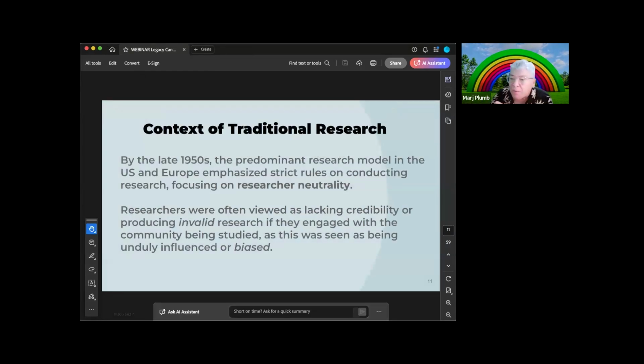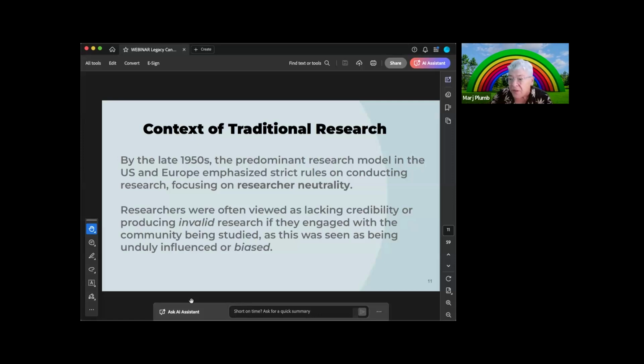To understand community-based participatory research, it's really helpful to understand how it relates to traditional research. There are a lot of things traditional research is really good at, and there are some challenges. In the late 1950s, the research structure developed around rules for how you conduct research, in particular research neutrality.